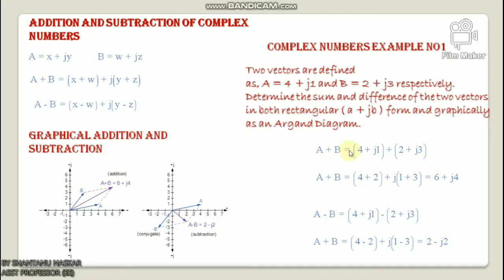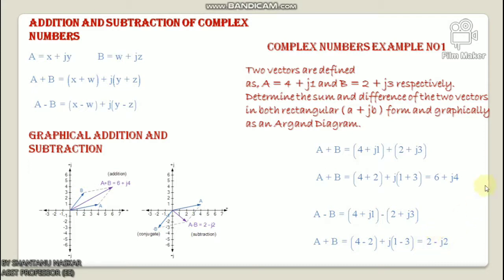Look here, a plus b equals 4 plus j1 plus 2 plus j3. Simple, the formula is 4 plus 2, like x plus w, plus j into 1 plus 3, which is 6 plus j4, and a minus b equals 4 minus 2 plus j into 1 minus 3, which equals 2 minus j2.